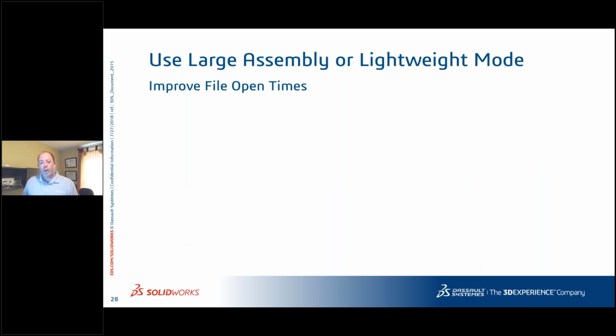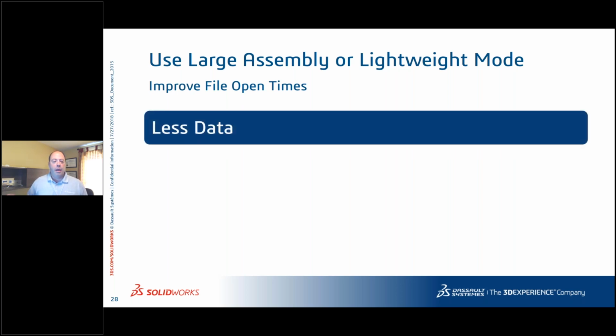So another method we want to use to help large assemblies is to use the large assembly mode or lightweight mode. Now, there's a subtle difference between the two, so let's explain that. When we use lightweight mode, the idea is that when you open assemblies, you load less data into SOLIDWORKS, into memory, into the system.